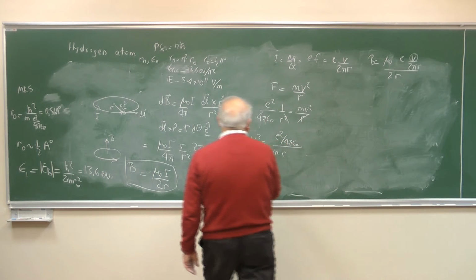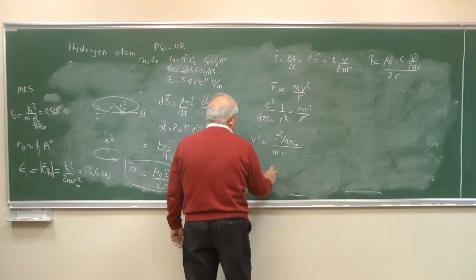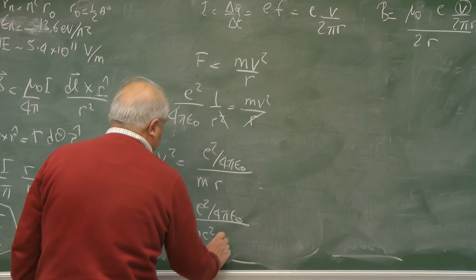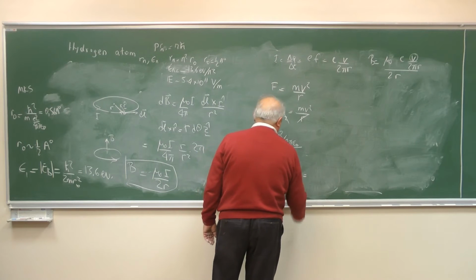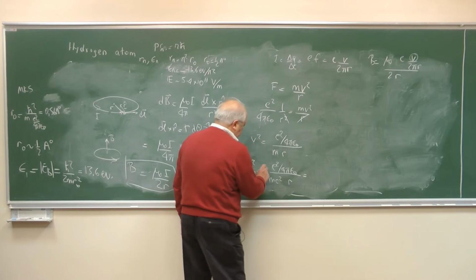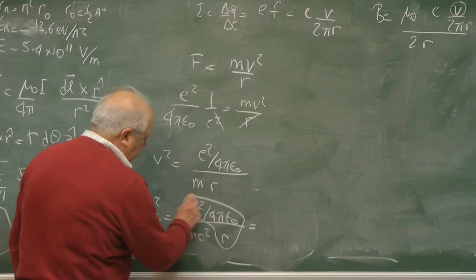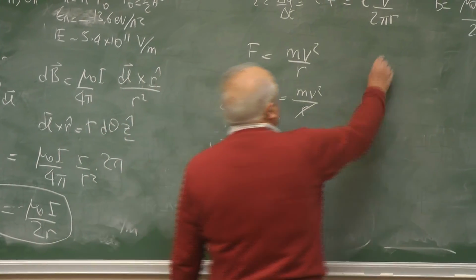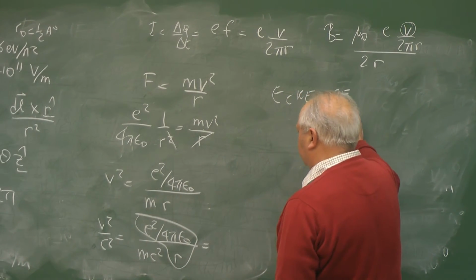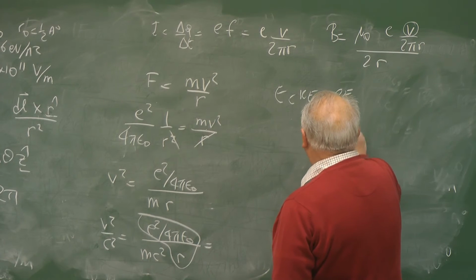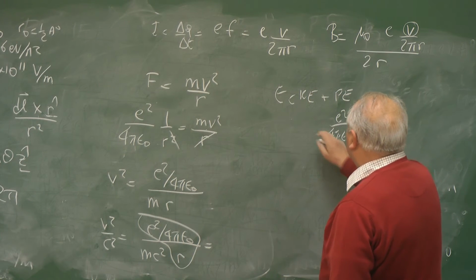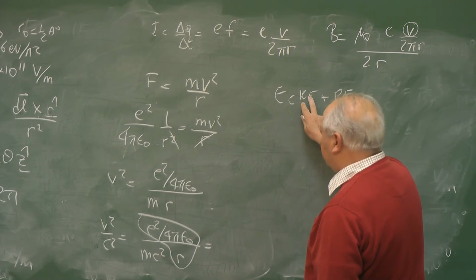Let me divide by c square. V square over c square is equal to E square over 4 pi epsilon 0 over m c square times r. But if you notice, this part is just the potential energy. Remember, energy is kinetic energy plus potential energy, and the magnitude of the potential energy was E square over 4 pi epsilon 0 r0, and this was twice the kinetic energy.